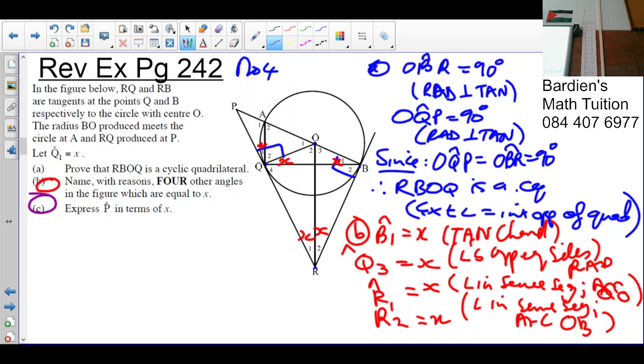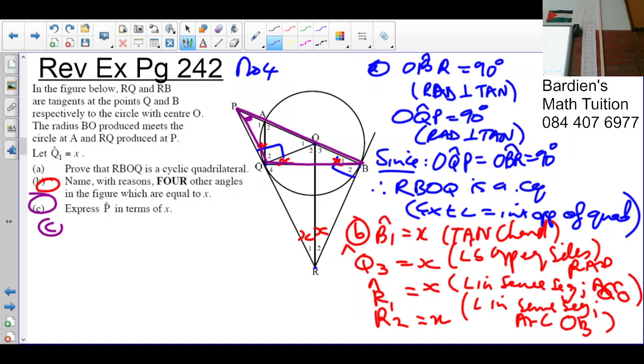People, the question says, express p in terms of x. So here's your angle p. Okay, so what do we have here? Here's a triangle. We have angle P, Q1 and Q2 being x, Q3 is x, and we've got angle P. Can you see that, people?